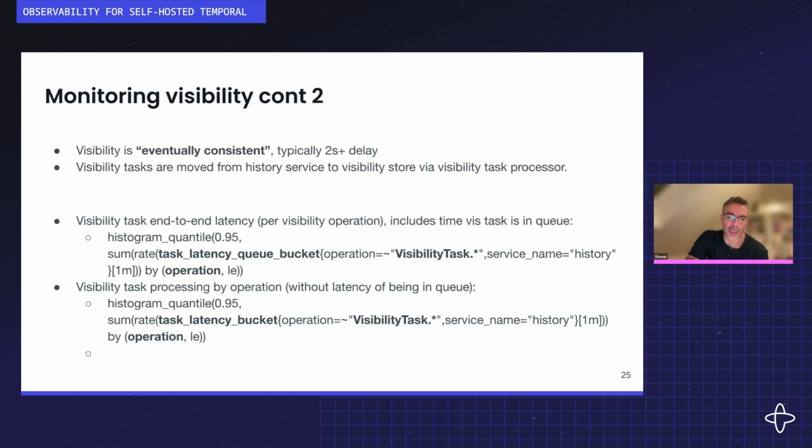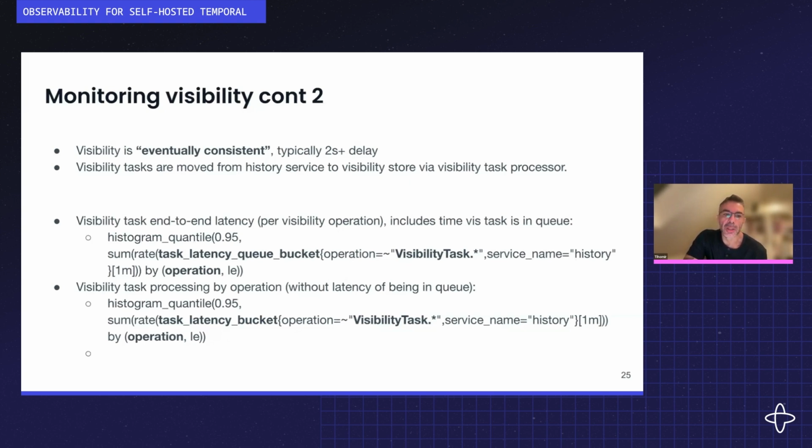So you can start measuring two things: visibility task end-to-end latency, which includes the time of the visibility task in the visibility queue in the shard, and there is a task latency queue bucket for that.